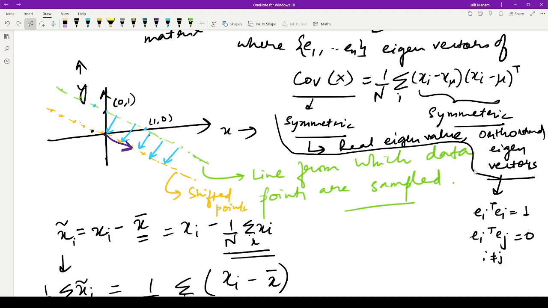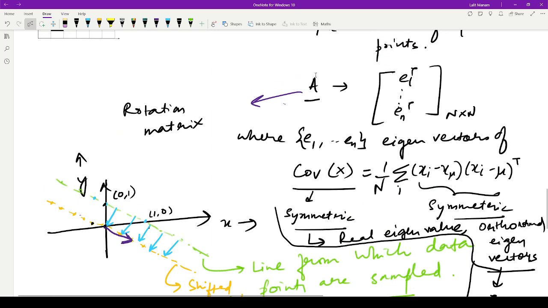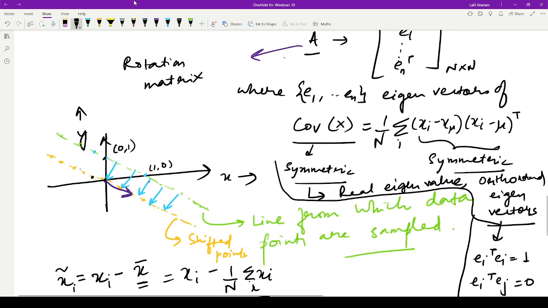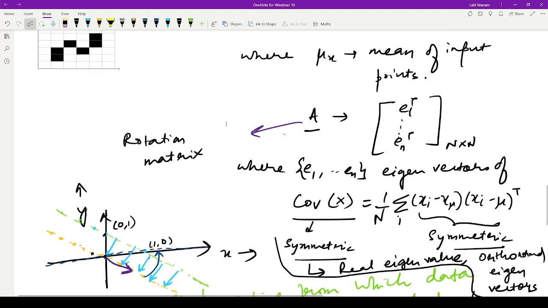Given that these results are coming from linear algebra, we can easily say that this matrix A is a rotation matrix. So what this KL transform will do is rotate this whole yellow line to this x-axis. That's it. That's what the KL transform does.